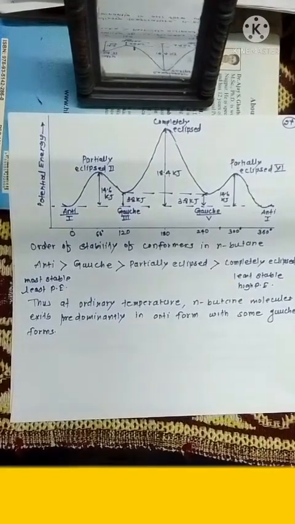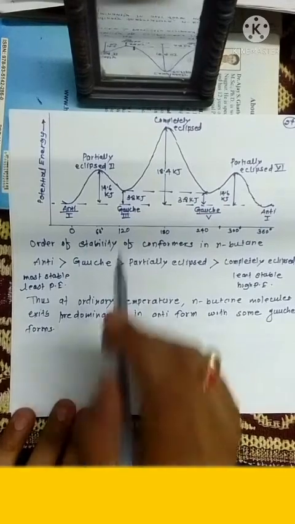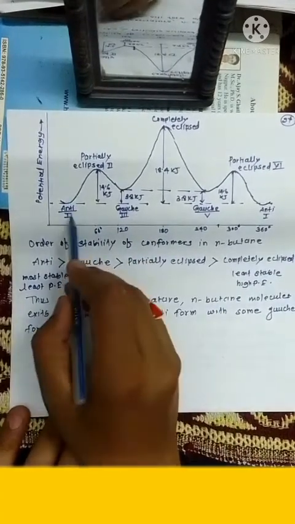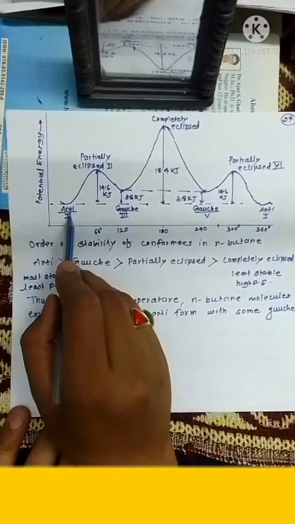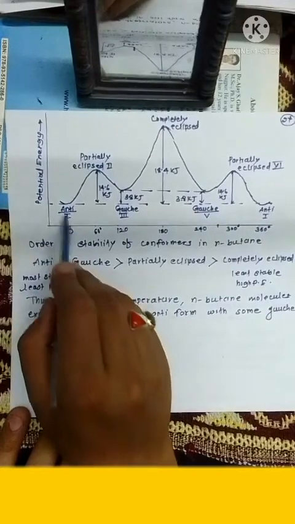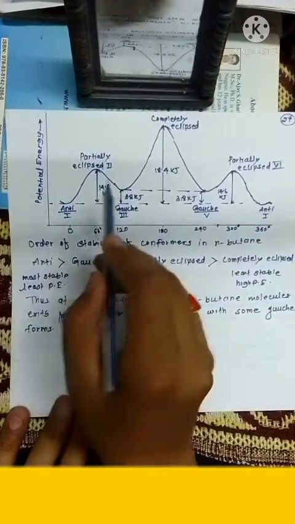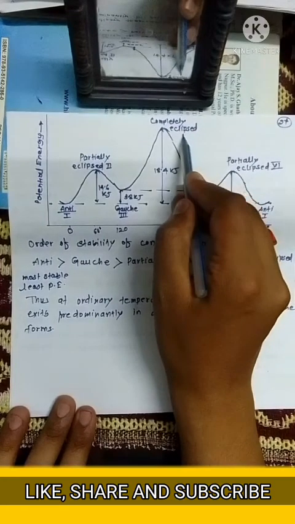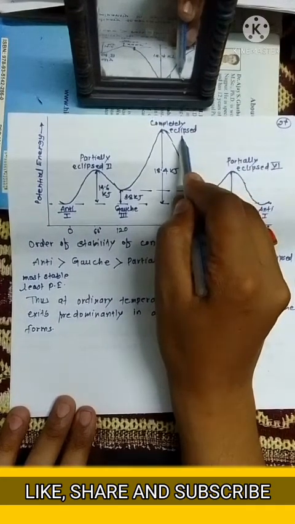So now we are going to discuss the energy profile diagram for n-butane. In the energy profile diagram, we see that the anti-conformer has the least potential energy and the complete eclipse conformer has the highest amount of potential energy.